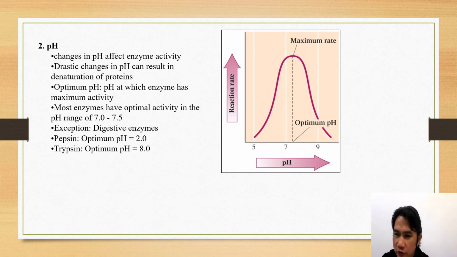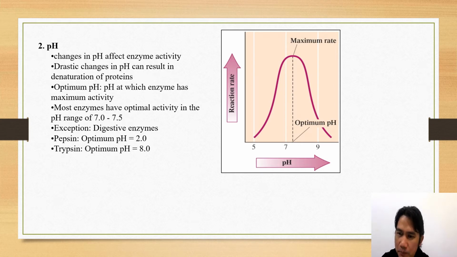Remember that the tertiary structure of protein is governed by 4 forces: hydrogen bonding, disulfide bond, hydrophobic effect, and salt bridge, or electrostatic attraction between negatively charged and positively charged side chains of amino acids.